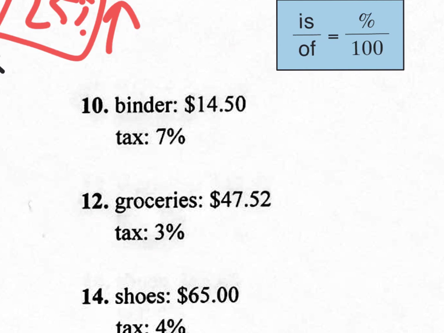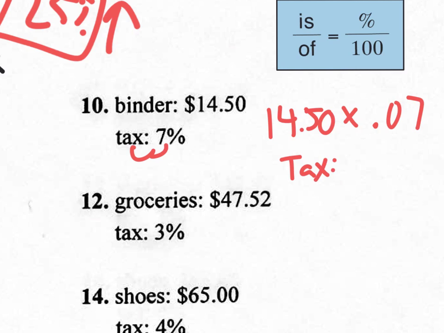I mean, you're supposed to find the tax on this total price based on the tax. So with your calculator, you would go 14.50 times, you have to move it over 2 spots. So that's going to be 0.07. 7% as a decimal is 0.07. So with your calculator, if you go 14.50 times 0.07, what do you get?